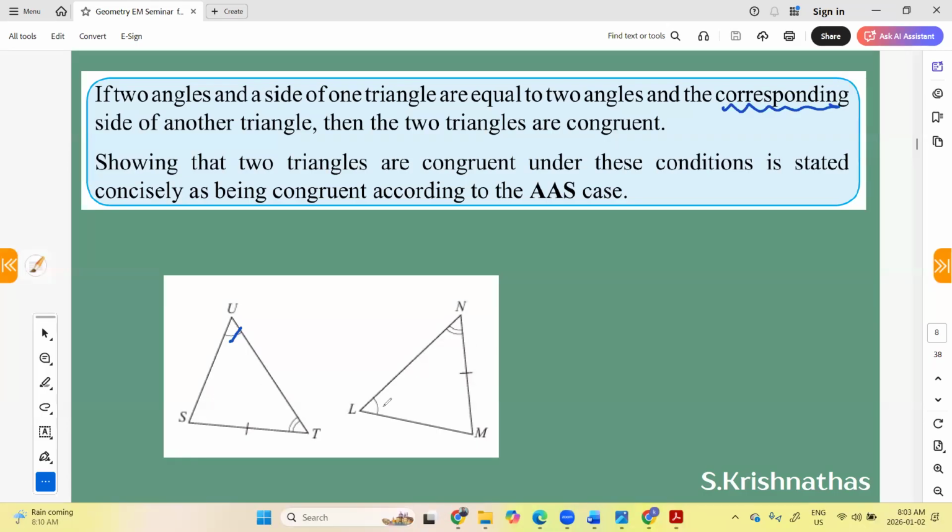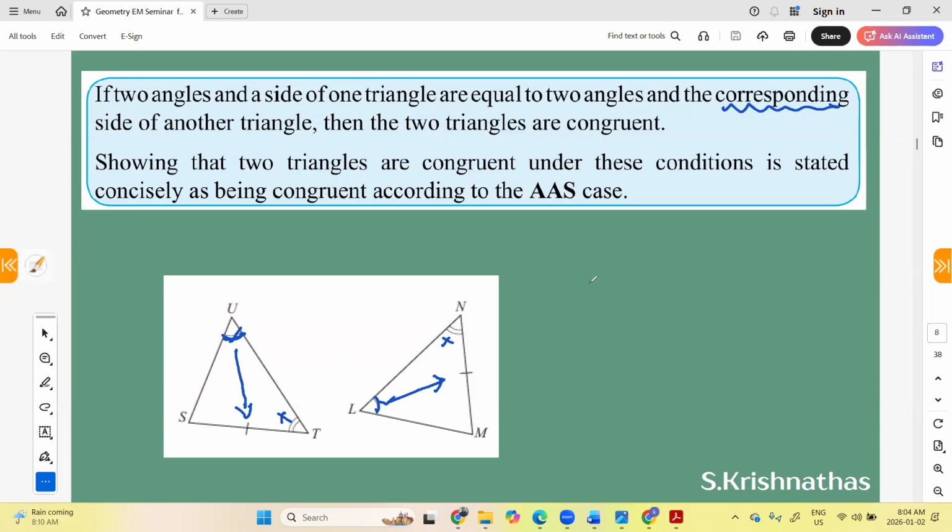This one equal to this one, and this one equal to this one. But here, student, what do you mean by the corresponding side? Here, this one is opposite of this single angle. This one also opposite of this single marked angle. Now these two triangles are congruent.